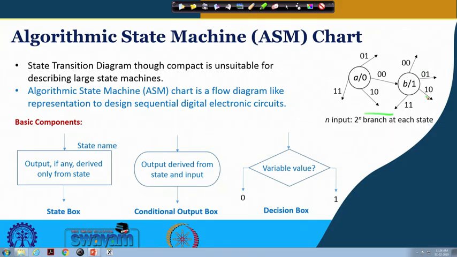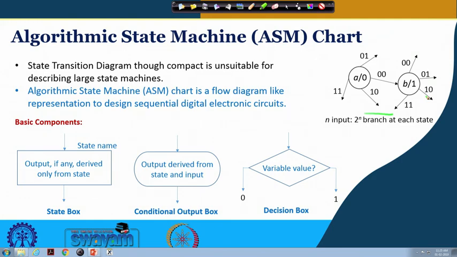And if the number of inputs is even more, you can understand that for 3 inputs there will be 8 such paths coming out from one particular state. So, algorithmic state machine gives a more readable kind of representation. It may be a bit long, flowchart like representation, but it is easier to read, and make appreciation out of it.